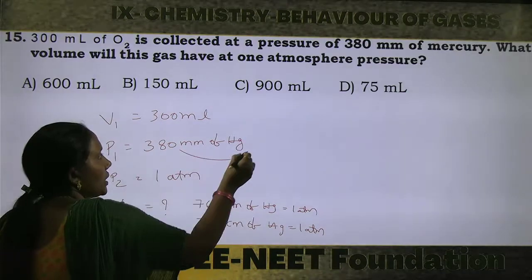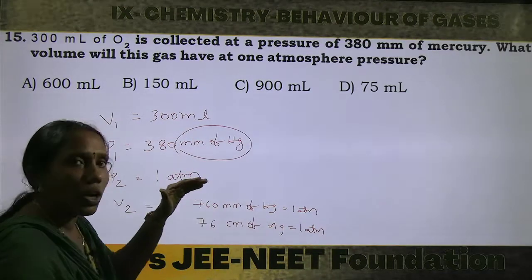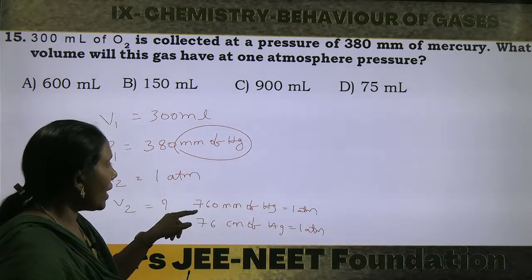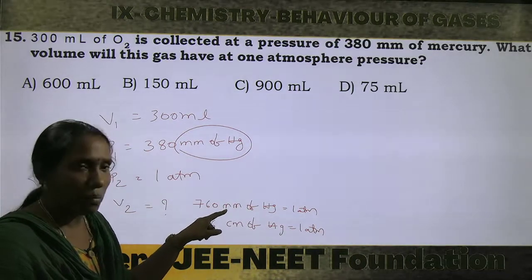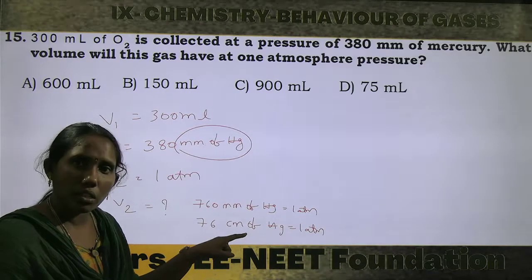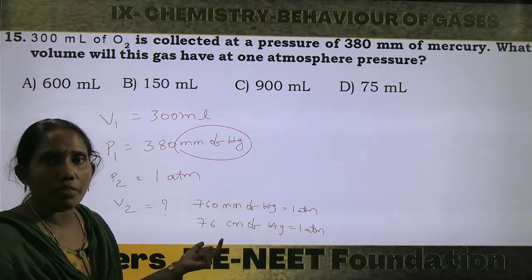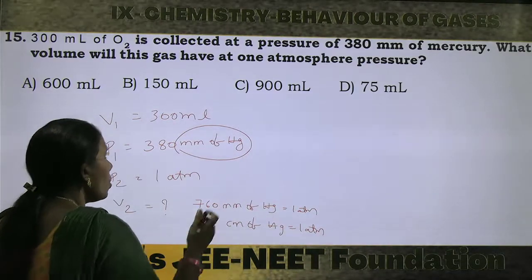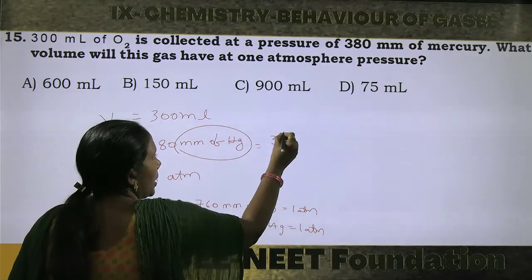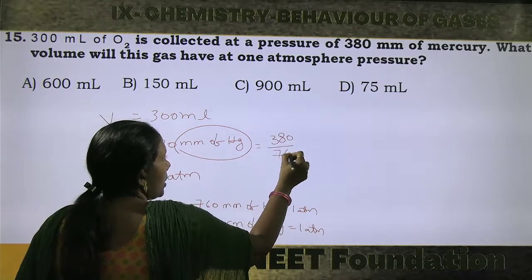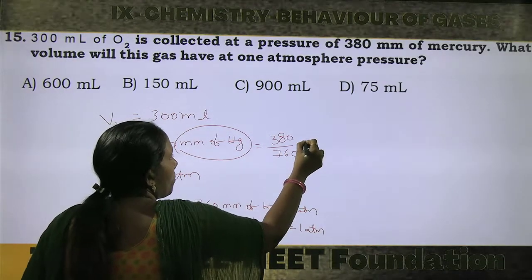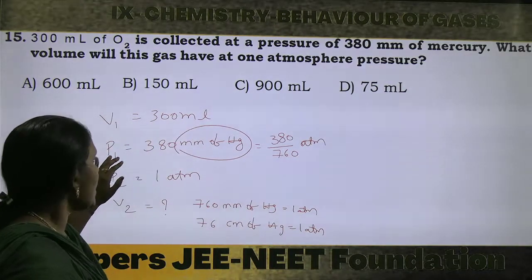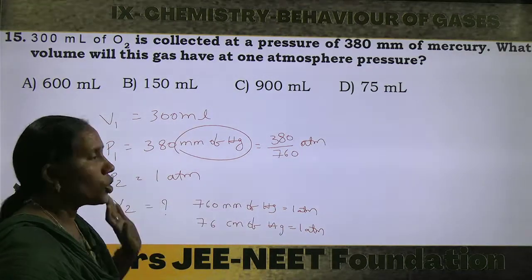So to convert mm of Hg, you have to divide by 760. Why 760? Because it is given in millimeters. If given in centimeters, you divide by 76. So convert 380 by 760 atmospheres. Now volume is in ml, pressure is in atmosphere, and P2 is also in atmosphere.